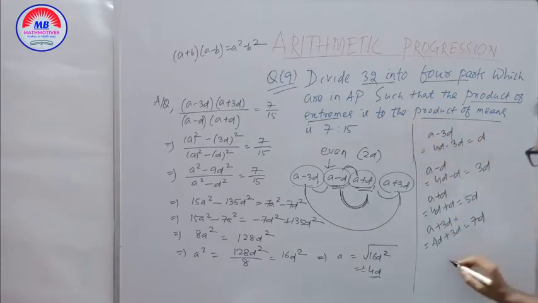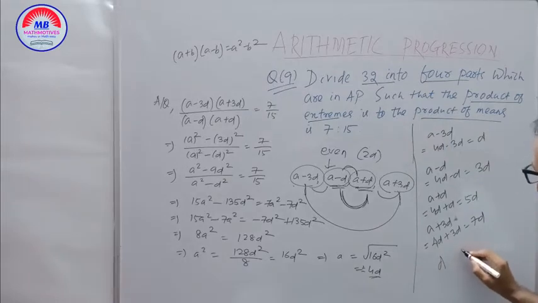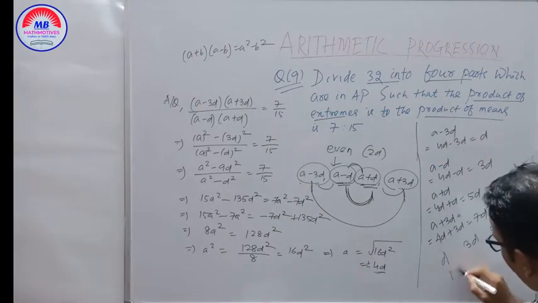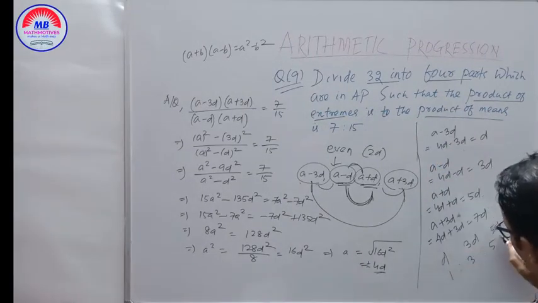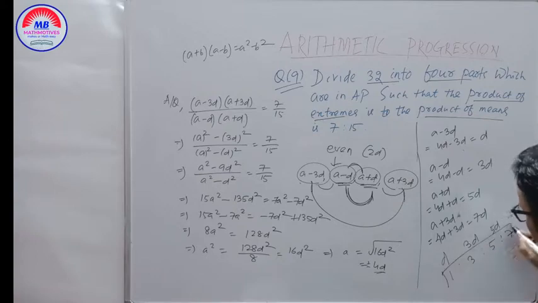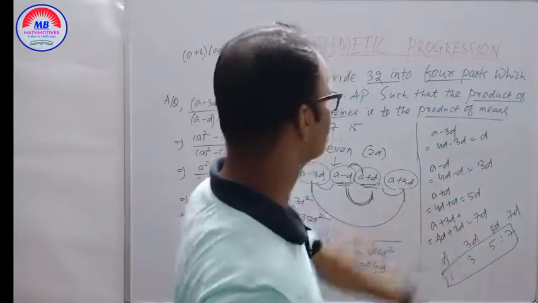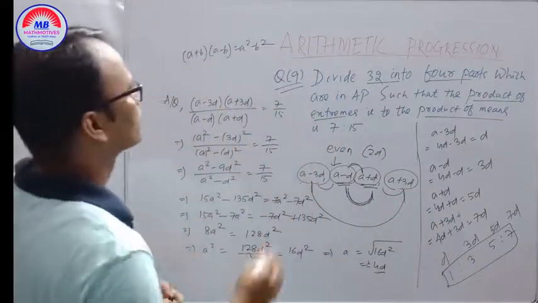4 parts. So d, 3d, 5d and 7d. So divide by d, cancel it, it is 1 is to 3 is to 5 is to 7. The 4 numbers are in this ratio, 1 is to 3 is to 5 is to 7. So 32 is the sum.